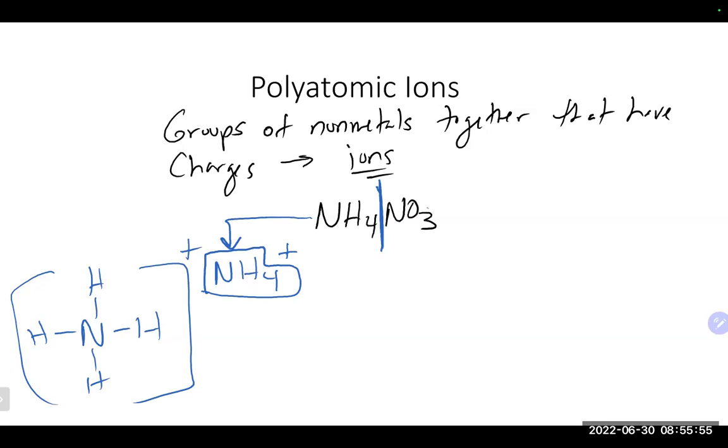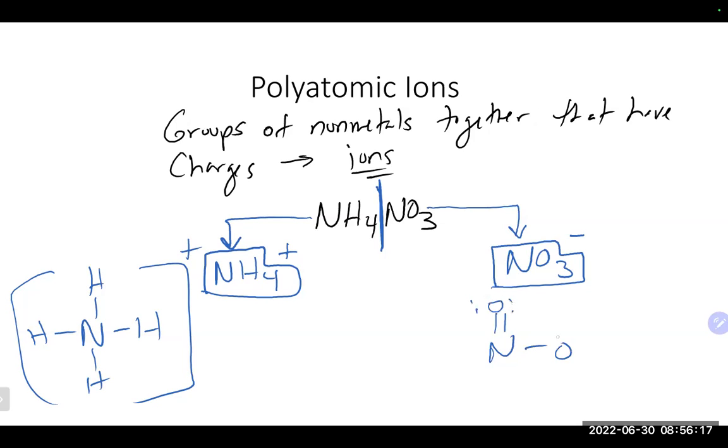This guy over here is also a polyatomic ion, and that is NO3 minus. And once again, this nitrogen and 3 oxygens all stay together because they are sharing electrons. They move around as a unit, and they have an overall charge of -1. And if we quickly sketch a Lewis structure, it looks something like this, which we might have drawn, I think.